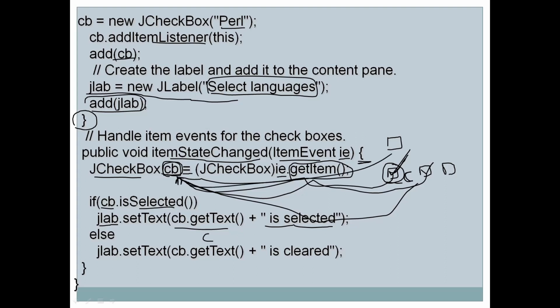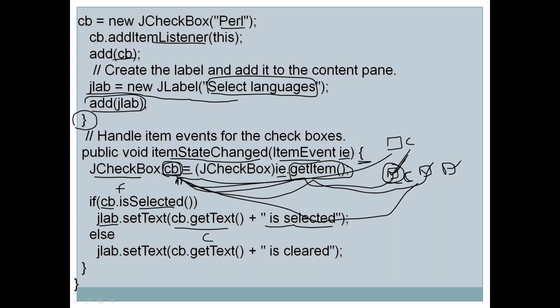When I say cb.isSelected, now if you look at the checkbox, it is not selected, so isSelected will return false, and this will go to the else part. In the else part we are displaying cb.getText, again the text associated with the checkbox is C, so it will give us C is cleared. Same way it will work for other checkboxes as well.